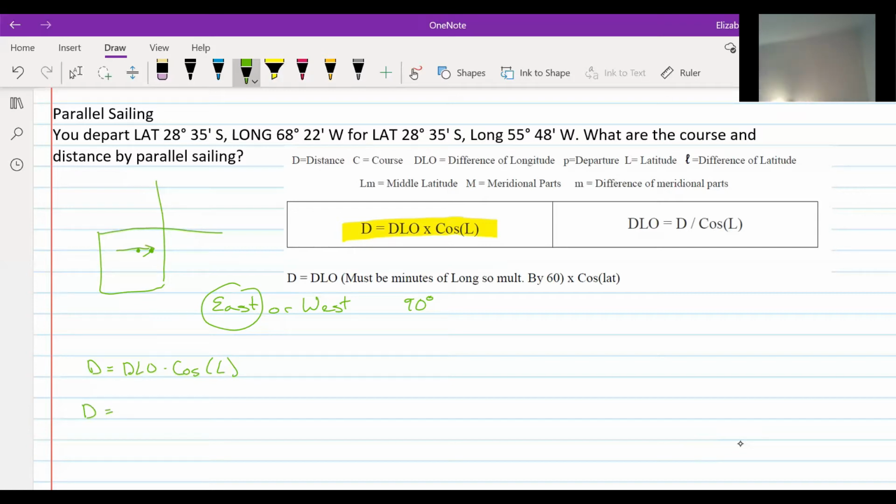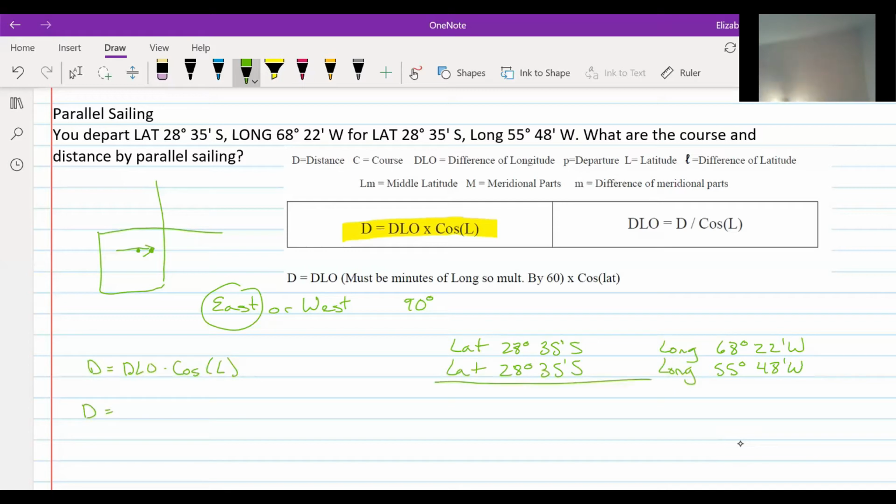So we need our latitudes and our longitudes written down. 28, 35, 28, 35, and longitudes are 68, 22, and 55, 48.